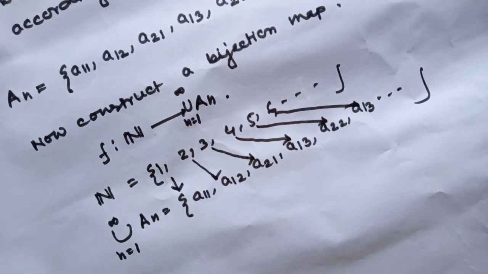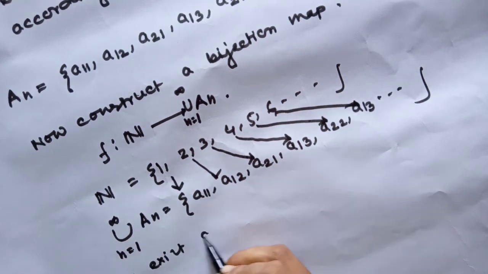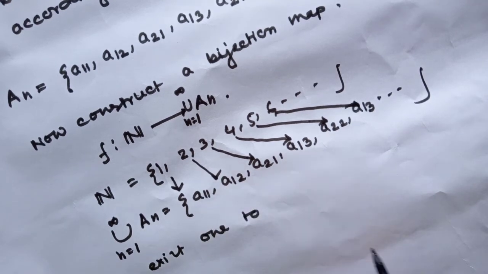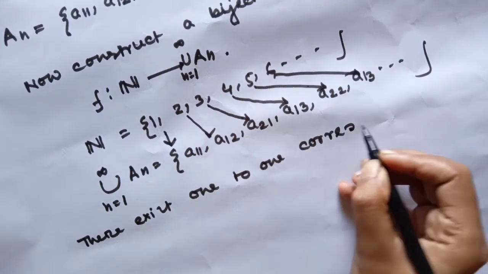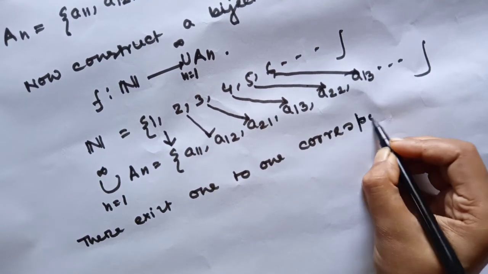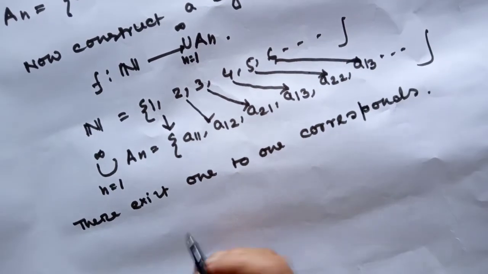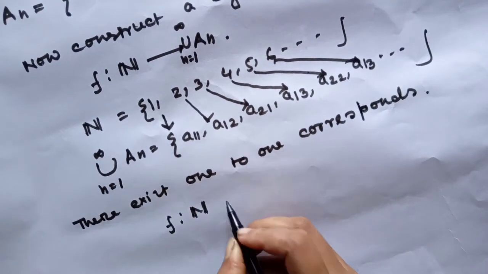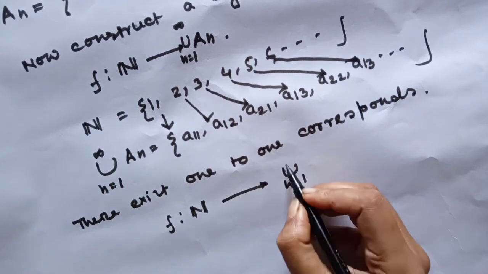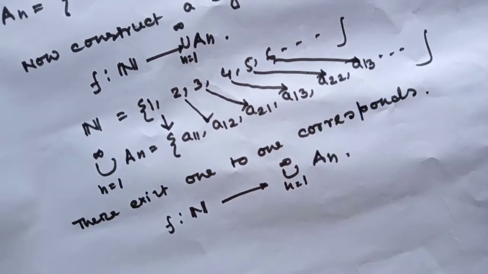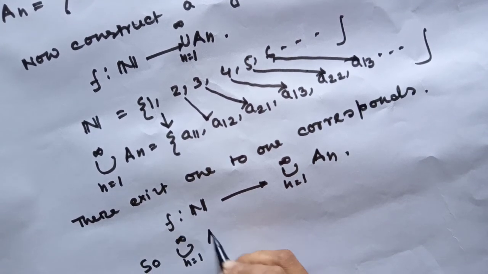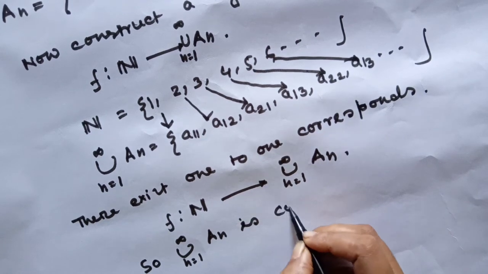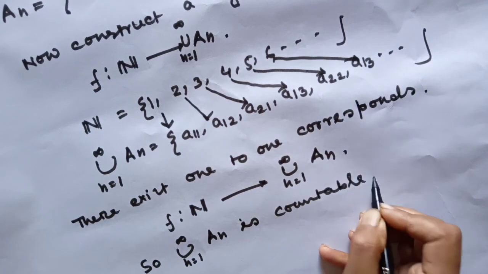Have you understood? Okay. That means there exists a one-to-one correspondence from the natural numbers to the union of n equal to 1 to infinity of An. So the union of n equal to 1 to infinity of An is countable. Okay? Right.